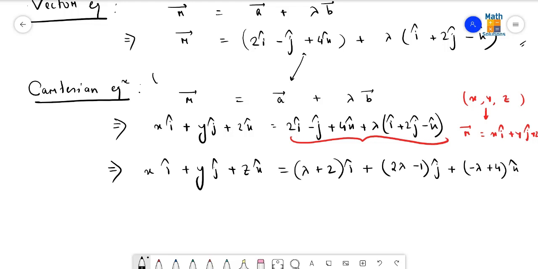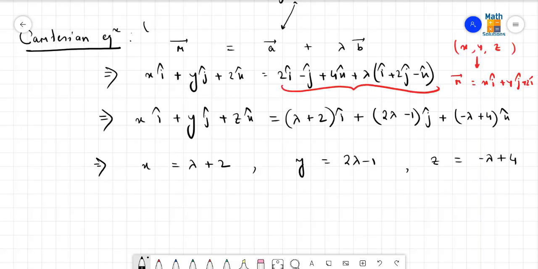After this, we compare both sides, comparing the coefficients of i cap, j cap and k cap. We can write x is equal to lambda plus 2, y is equal to twice lambda minus 1, and z is equal to minus lambda plus 4.